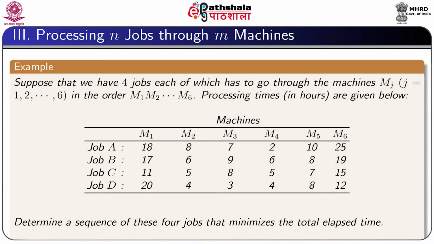We have 4 jobs, each of which has to go through the machines Mj, where j equals 1 up to 6, that is, there are 6 machines, and we have to process these 4 jobs in the order M1, M2 up to M6. Processing times in hours are given in this table. So, we have to determine a sequence of these 4 jobs that minimizes the total elapsed time.